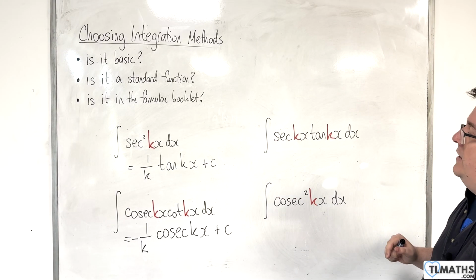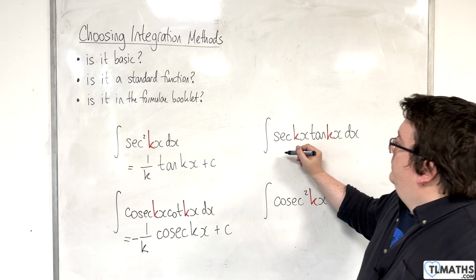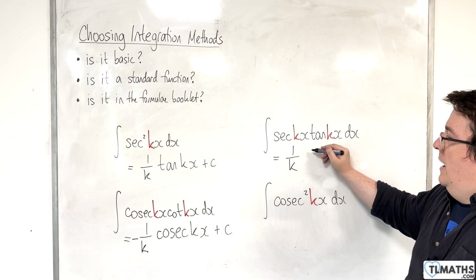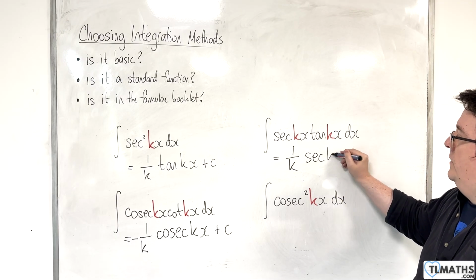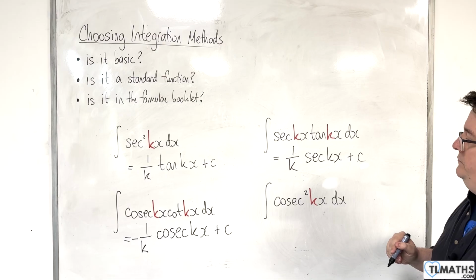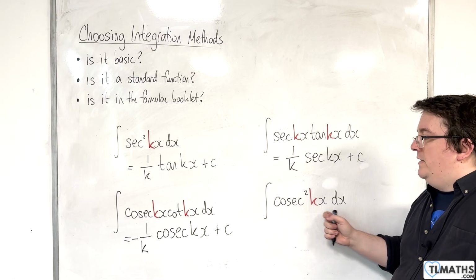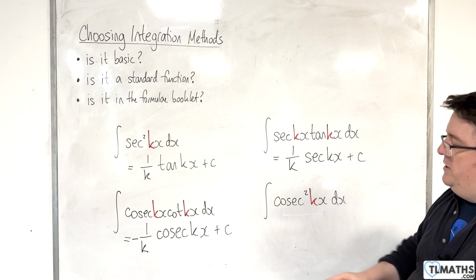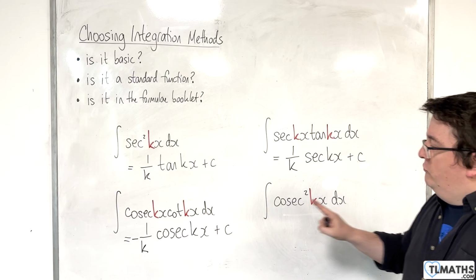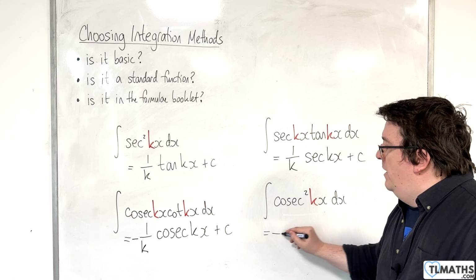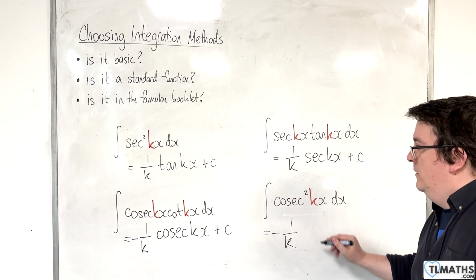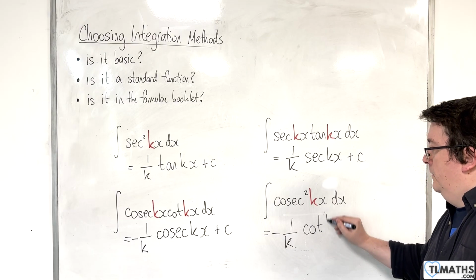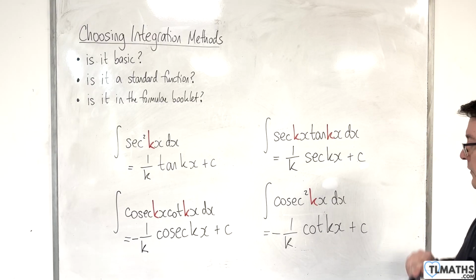Likewise, for sec kx, tan kx, this is going to integrate to just 1 over k sec of kx plus c. And cosec squared kx, well, we know that cot differentiates to minus cosec squared, so reversing the process, we will have minus 1 over k cot kx plus c.